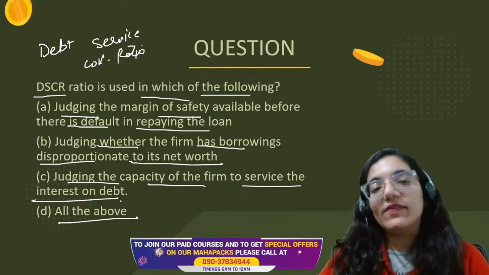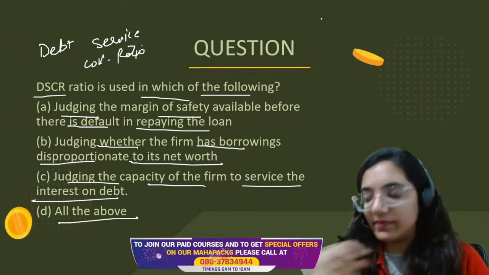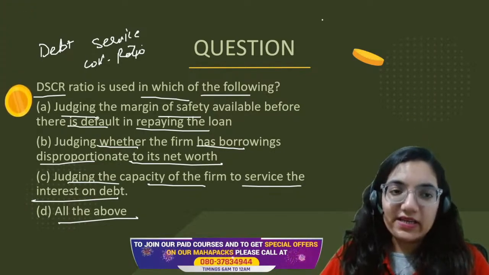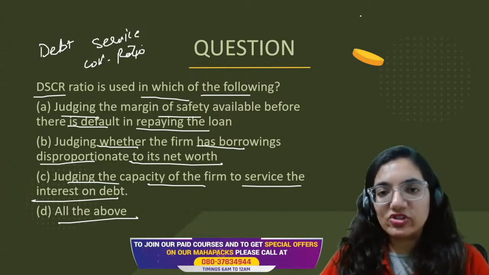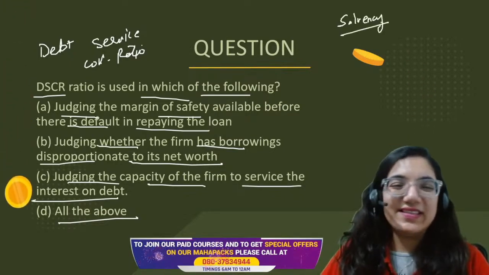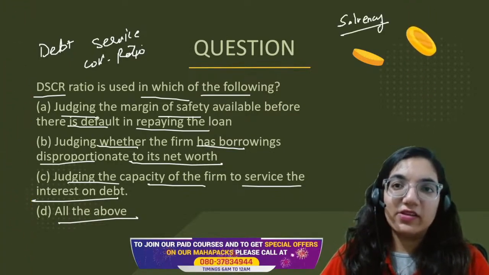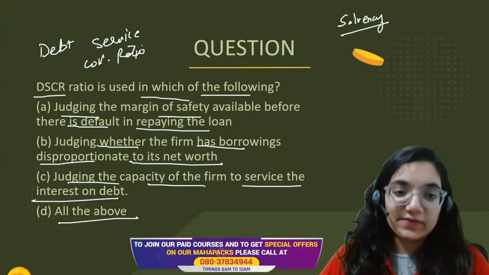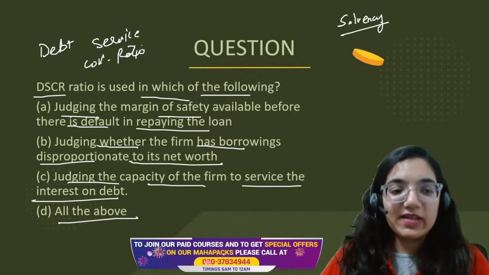As I told you, these are basically interest coverage ratio, debt service coverage ratio. These are covered under solvency only. But see, these ratios are so judgmental that whether you can pay back or not, is it worth it to give you money or not, they talk about this. So in this case, what's going to be the correct answer?